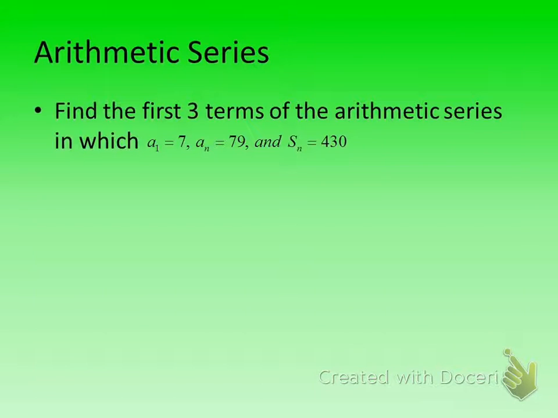We know that the sum of all these terms is 430. What we don't know is how many terms there are. We know the first one is 7. We know the last one is 79. And we always know that we're going to divide this by 2. See how all the parts fit?